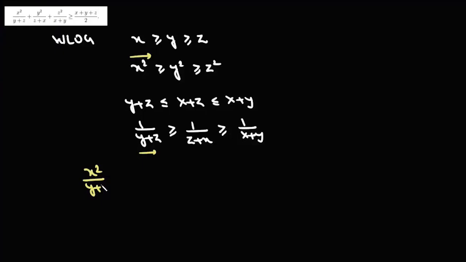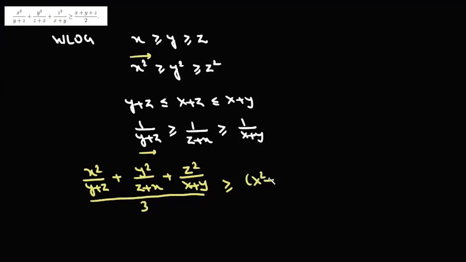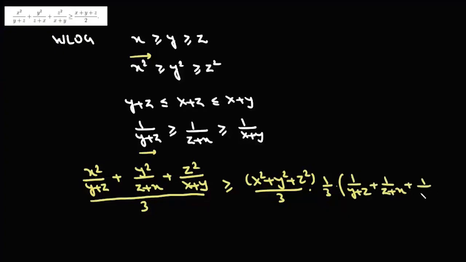x² upon (y + z) plus y² upon (z + x) plus z² upon (x + y), whole divided by 3, will be greater than or equal to (x² + y² + z²) upon 3 into 1 by 3, and here we'll have 1 upon (y + z) plus 1 upon (z + x) plus 1 upon (x + y).